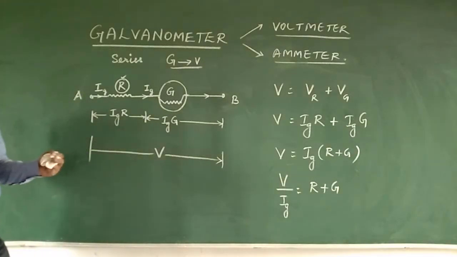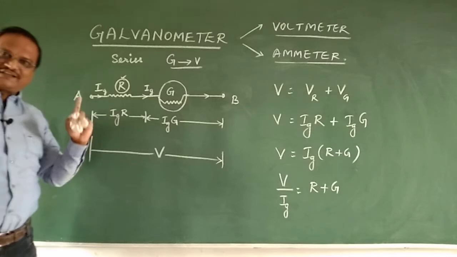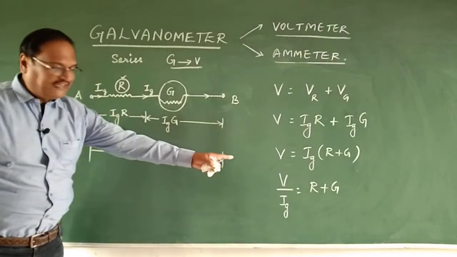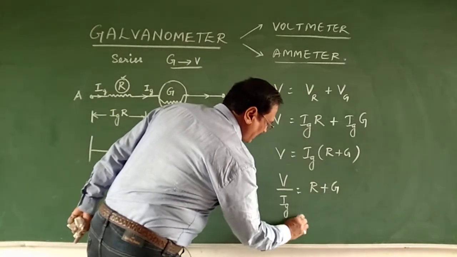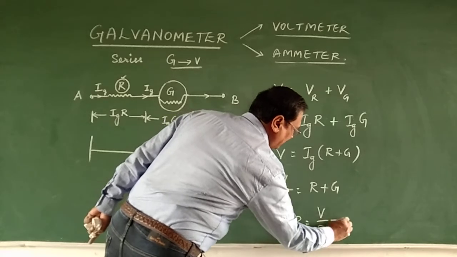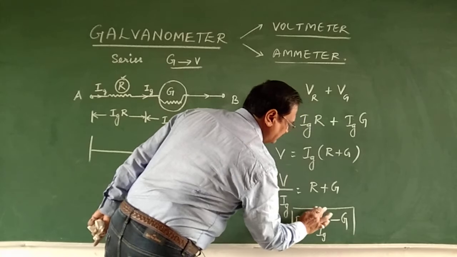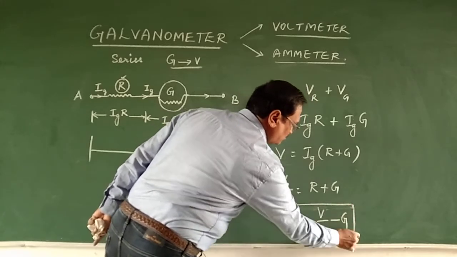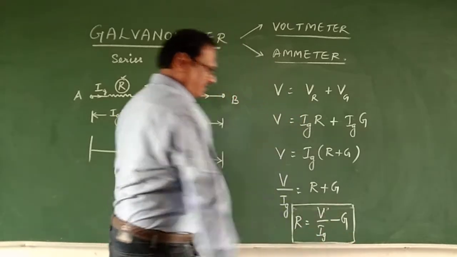From here we can say R is equal to V upon Ig minus G, and this is the formula for finding the unknown resistance that we need to connect in series.